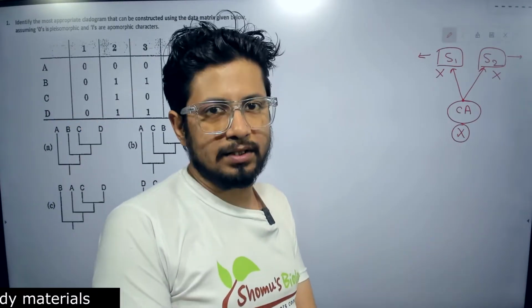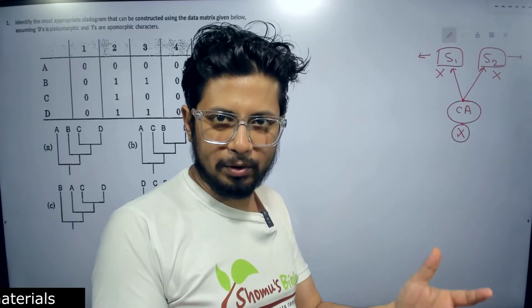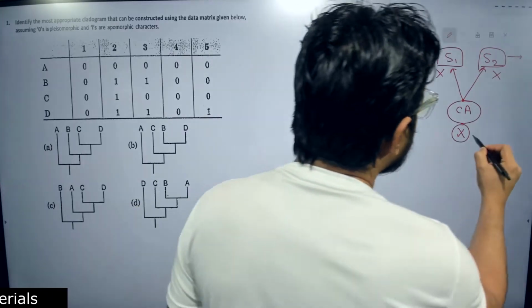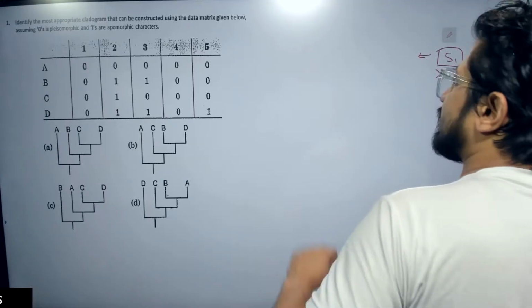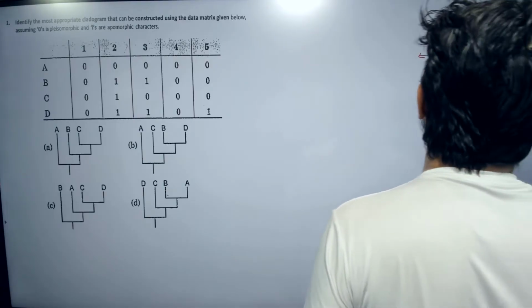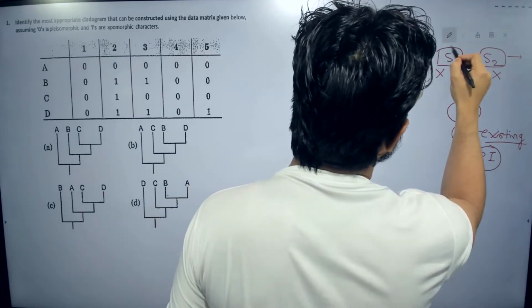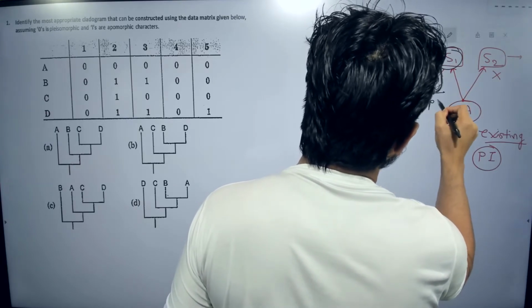So there is a common ancestor, and from the common ancestor it distributes and more new features are added. So there is a set of existing features which are known as plesiomorphic features, and the new characters that are derived, let's say S1 is a new character, the new character is known as an apomorphic character.